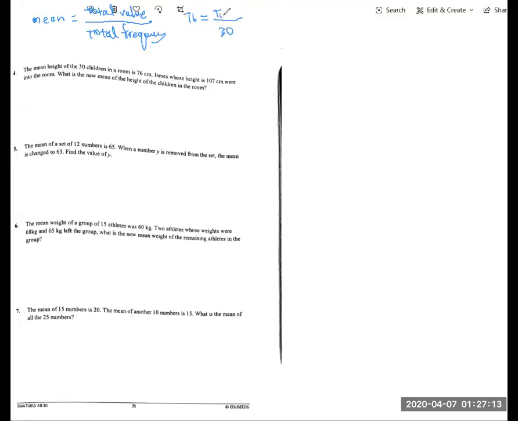We do not know the total value, so we're going to find it. The total value is basically 30 times 76, which gives you 2280.